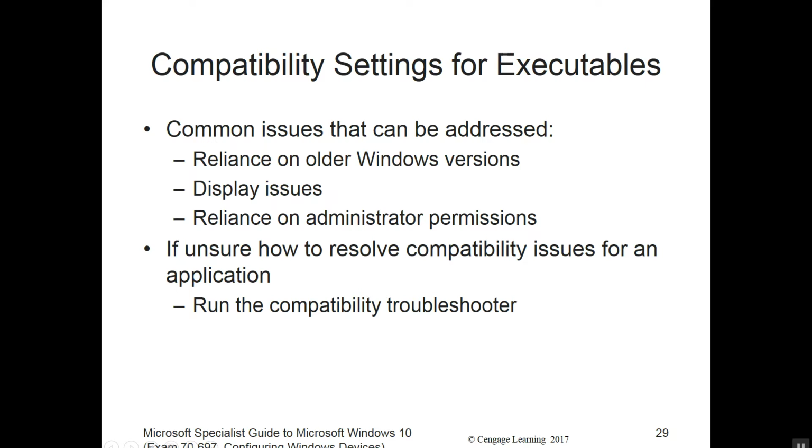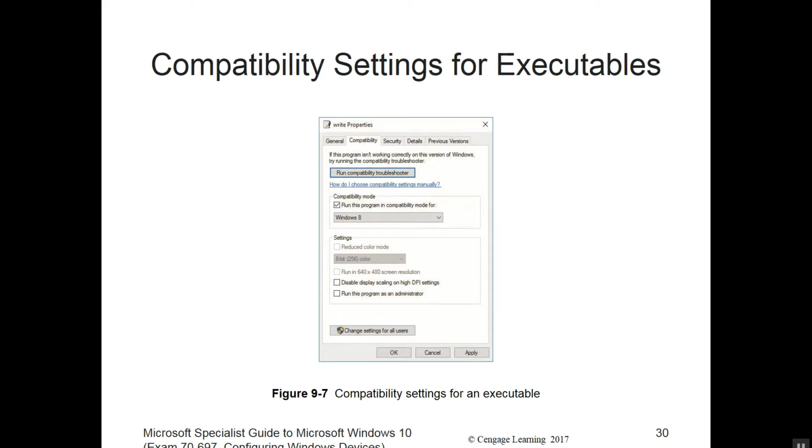So how these things install and how they run, we've got to be cautious and understand where this came from and what it's going to be run for, what it's going to do. So we can go and do compatibility settings for executables. You can modify those settings.